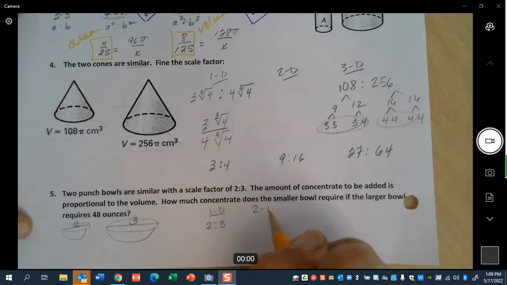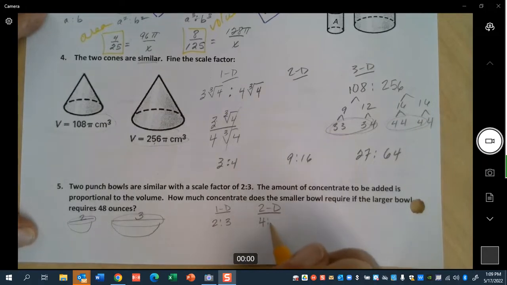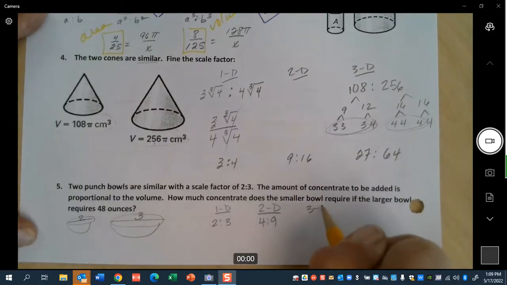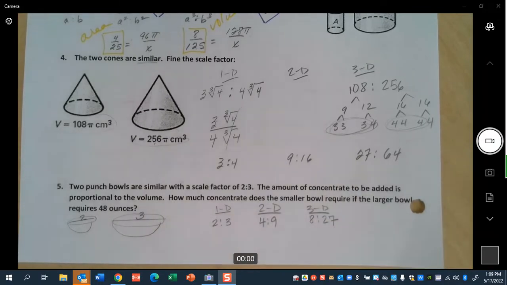What's our two-dimensional story? What's our three-dimensional story? You get pretty good at your perfect cubes. 2 cubed is 8, 3 cubed, 27.